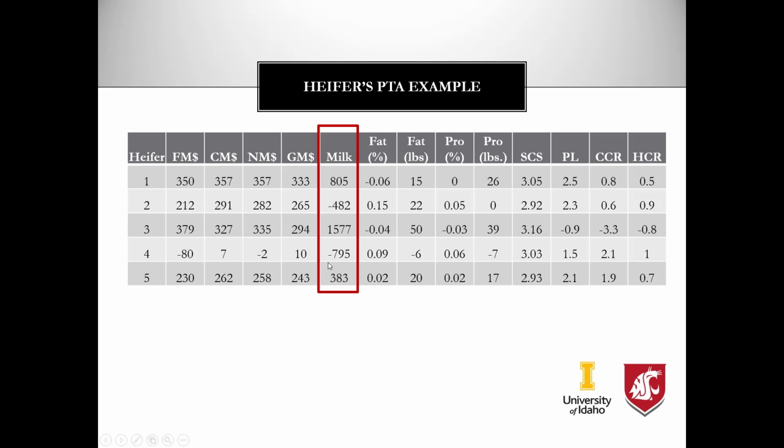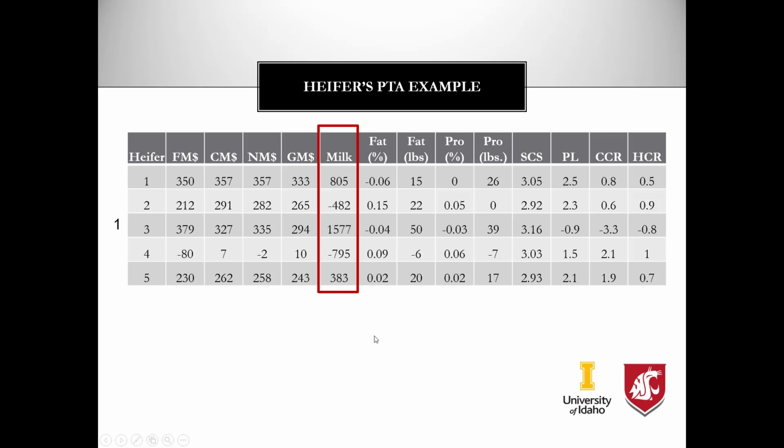Heifer number 4 is minus 795, so her prediction is by far the worst of the 5. And then heifer number 5 is 383. So when we look at the individual heifer's information, we get a little different picture than what we had previously. The heifer that's shining now is heifer number 3, followed by heifer number 1.